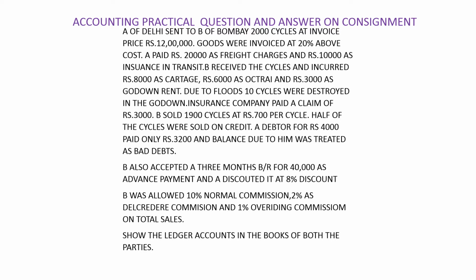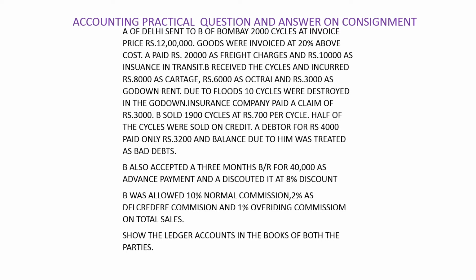B sold 1900 cycles at rupees 700 per cycle. Half of the cycles were sold on credit. A debtor for rupees 4,000 paid only rupees 3,500 and the balance was treated as bad debts.